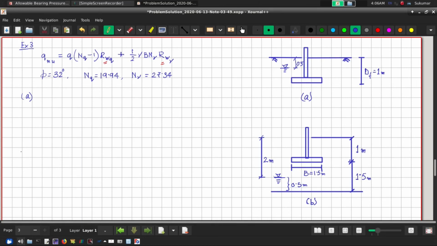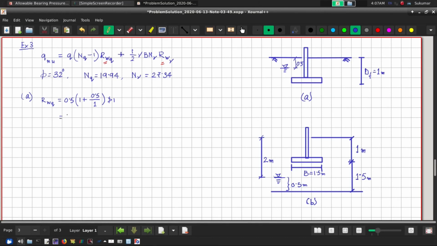So for this case RWQ will be 0.5 times 1 plus depth of groundwater table, which is 0.5, by DF, DF is 1, but not greater than 1.